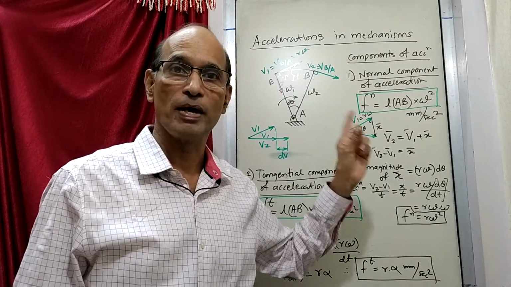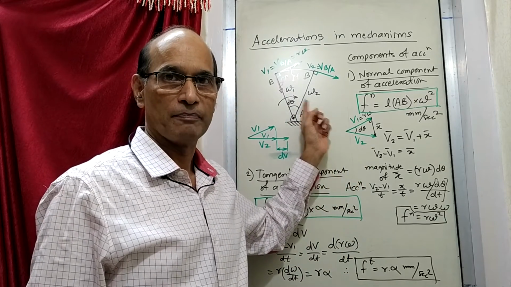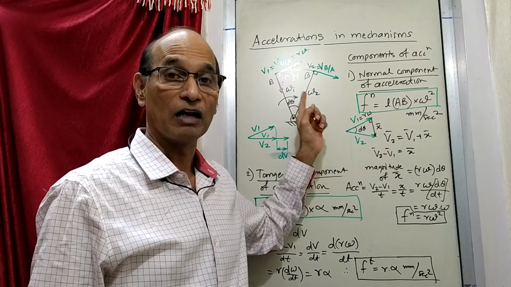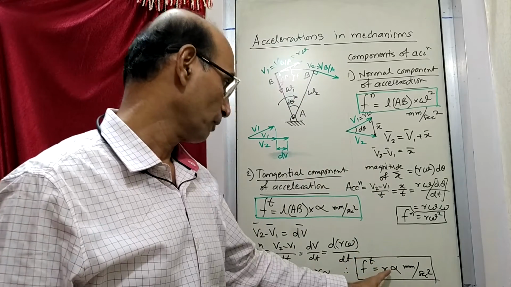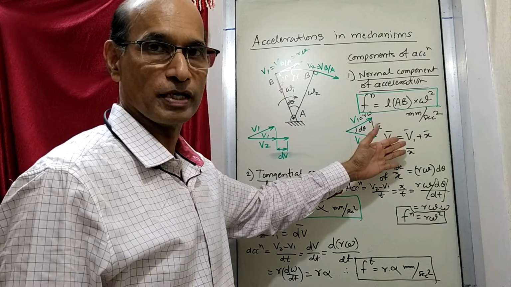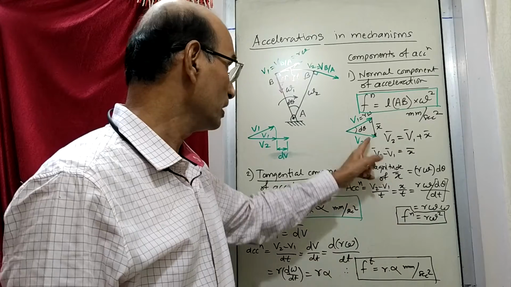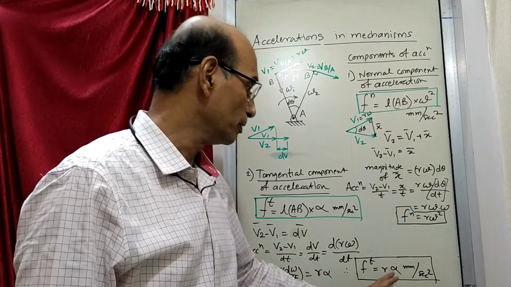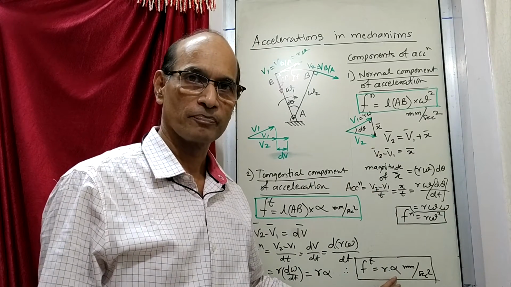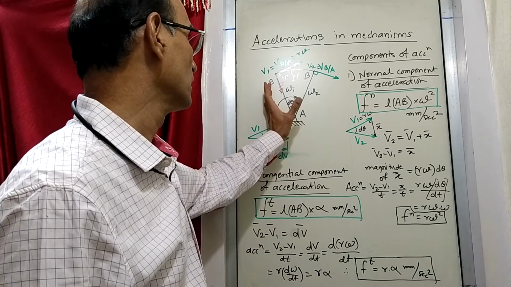Tangential component exists when there is a change in the angular velocity. And because of change in the angular velocity, alpha comes into picture, and that alpha into r is the tangential component. Suppose there is no change, in this case, no change. When there is no change, there is no alpha. Therefore, Ft in this earlier case will be 0 because alpha is 0, quite obvious. Okay, so what this shows us is that the acceleration exists.